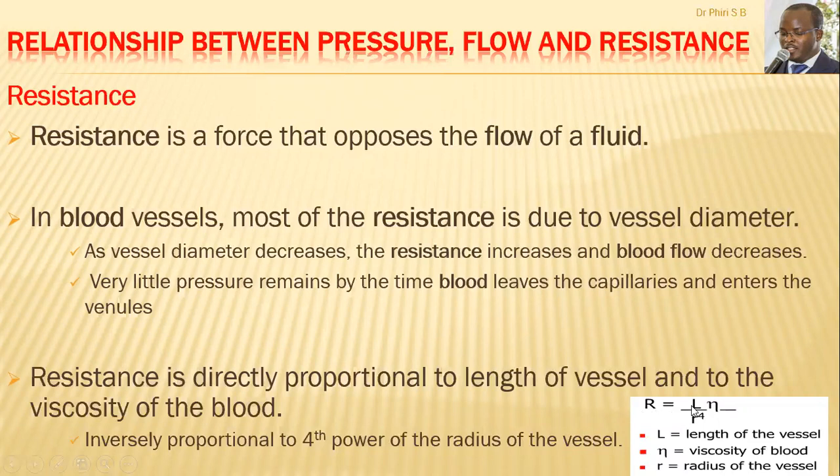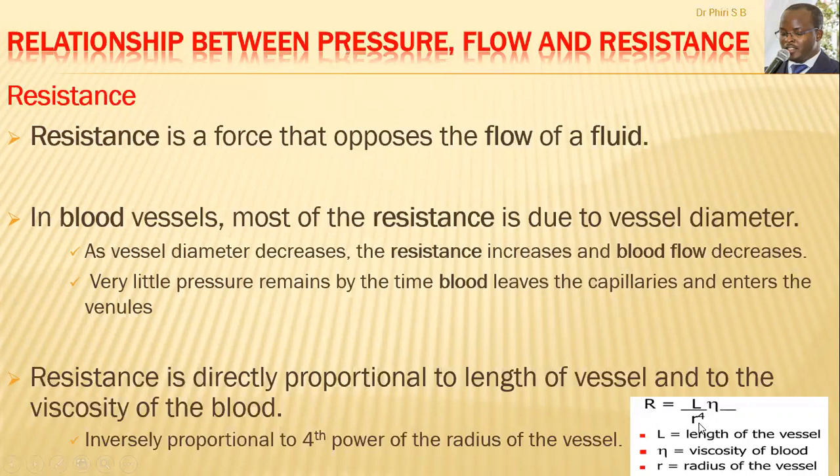But if you're going to double the length, then your resistance is just going to increase by 2. If you're going to double the viscosity of the fluid, the resistance is going to increase by a factor of 2. But if you just double the radius, you find that the resistance is going to decrease by a factor of 16.